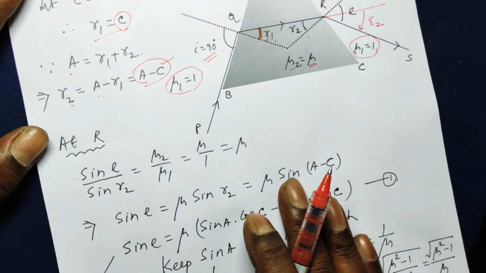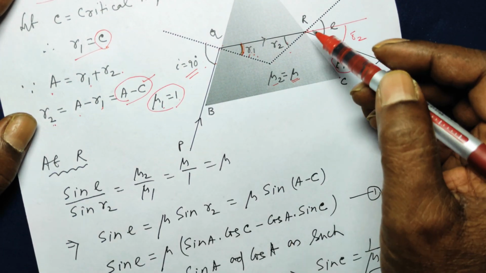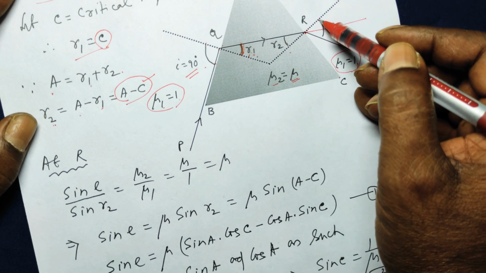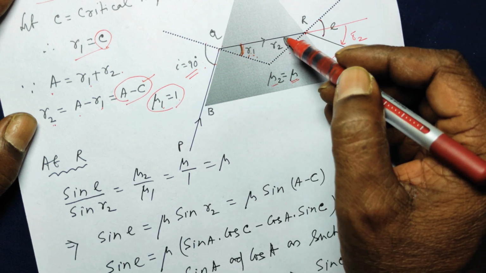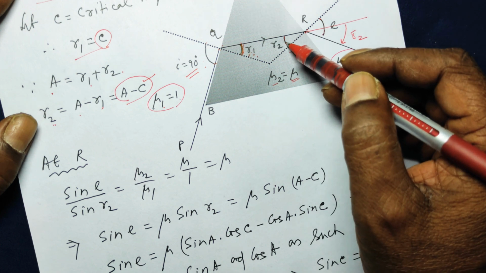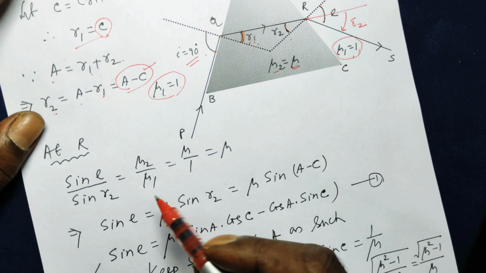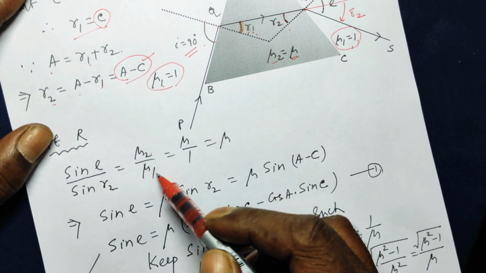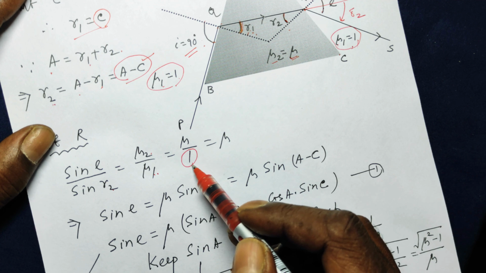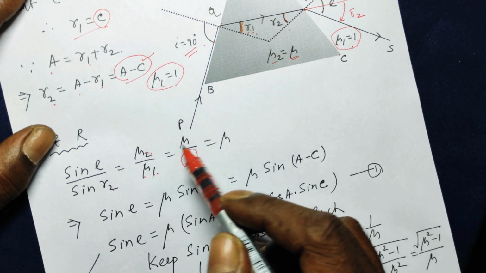So now let us go to the point R. Here, if you apply Snell's law, coming from this side, this is your angle of incidence, so this will be your angle of refraction R2. So sine E over sine R2 will be mu2 over mu1. Since mu1 is the rarer medium, which I have taken as air or vacuum, for mu1 I put 1, for mu2 I put mu.